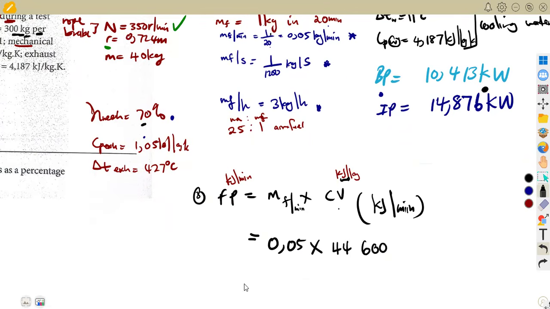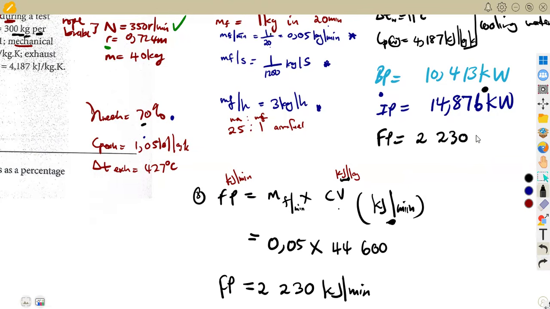By doing this, we have our answer in kilojoules per minute. This is going to give us 2,230 kilojoules per minute. So the fuel power is the Q in, the heat entering. Fuel power: 2,230 kilojoules per minute.